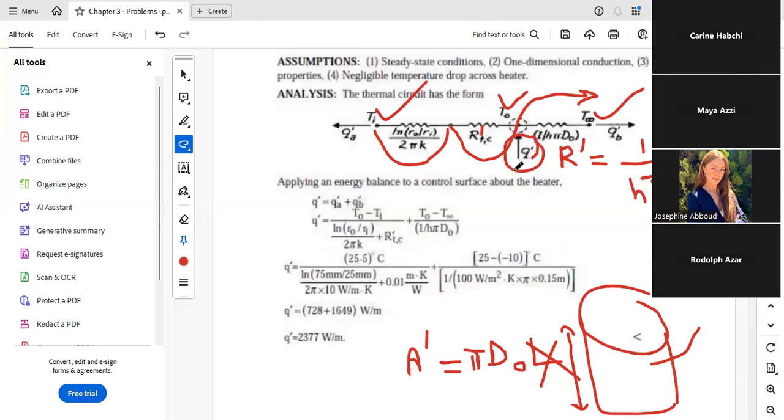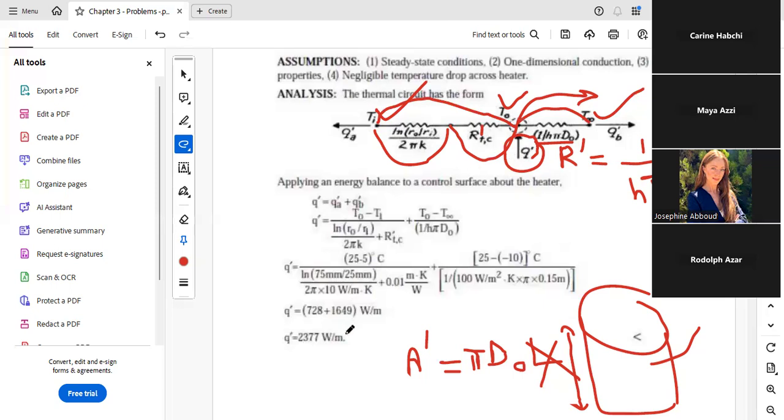So we just have to say that Q prime is divided into 2 rates per unit length. Q prime equals Q prime A plus Q prime B. For Q prime A, it's just T0 minus T infinity over the outer convection resistance per unit length, while Q prime B is delta T, which is T out minus Tn, over the summation of the 2 conduction resistances per unit length.